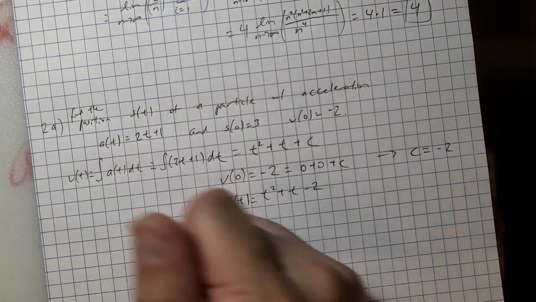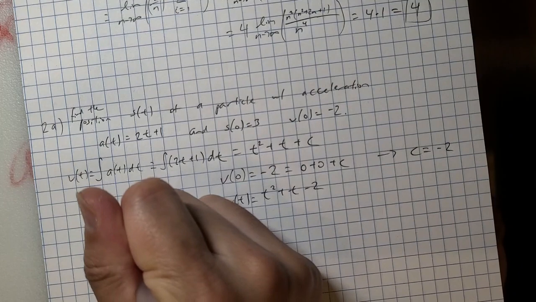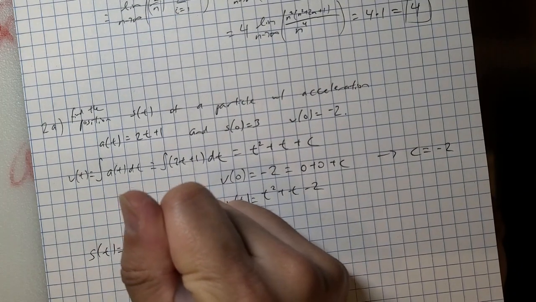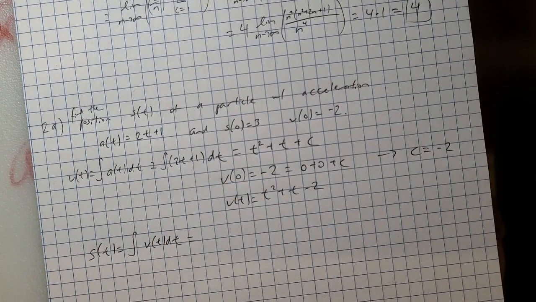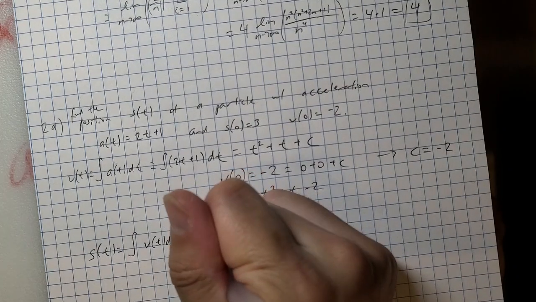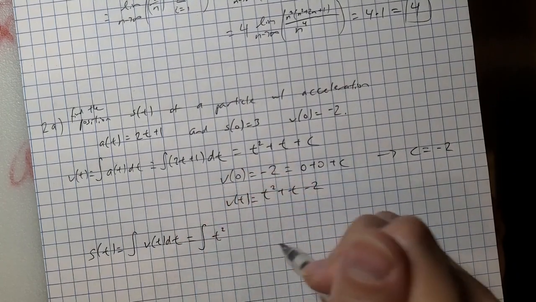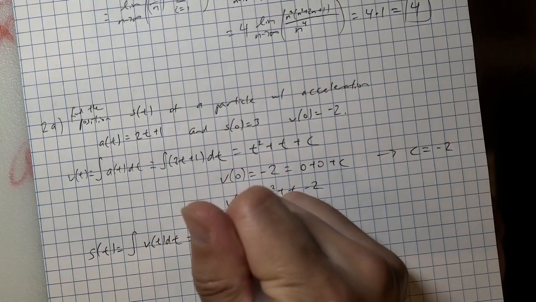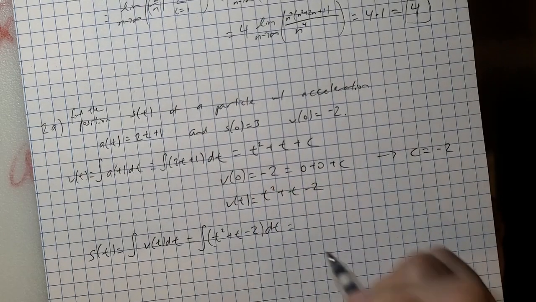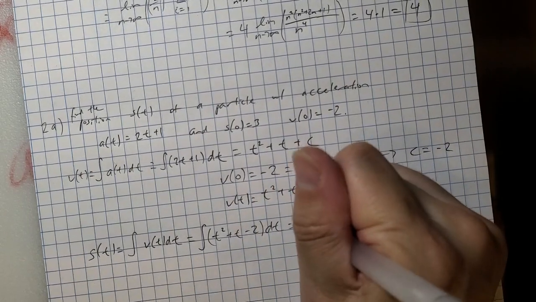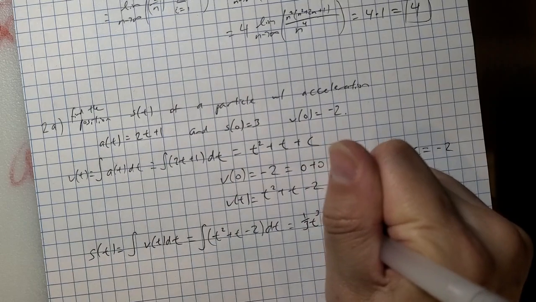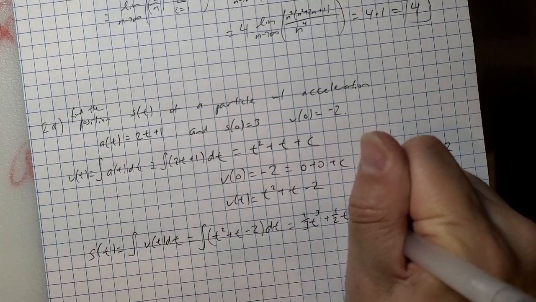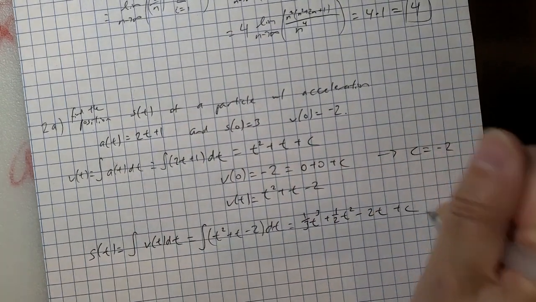And now we can find s of t, that's the antiderivative of velocity, or integral. Okay, so that's just the integral from t squared plus t minus 2 dt. Again, we just use power rule, that's 1/3 t cubed plus half t squared minus 2t plus c.